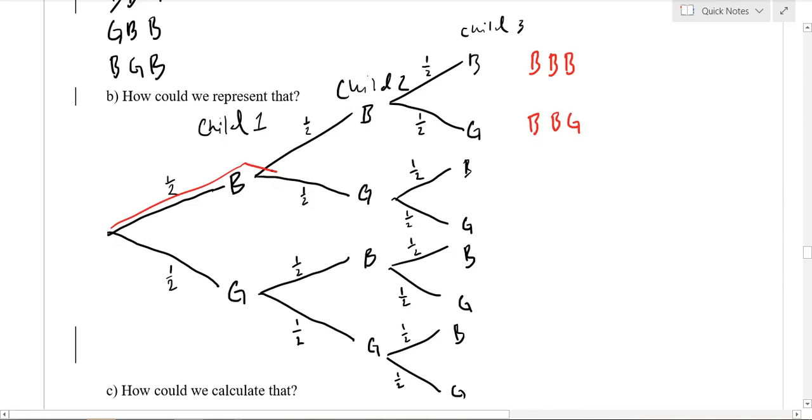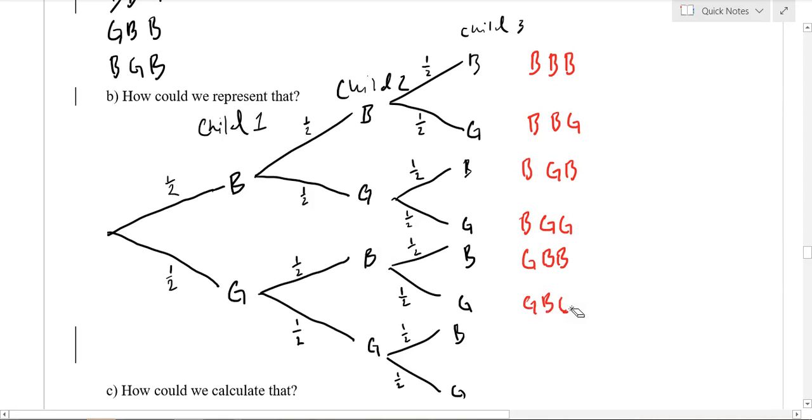Third one, boy, girl, boy, so B, G, B. Fourth one, boy, girl, girl. And then we get down to the bottom half. So it's girl, boy, boy, so G, B, B. Next one is girl, boy, girl.